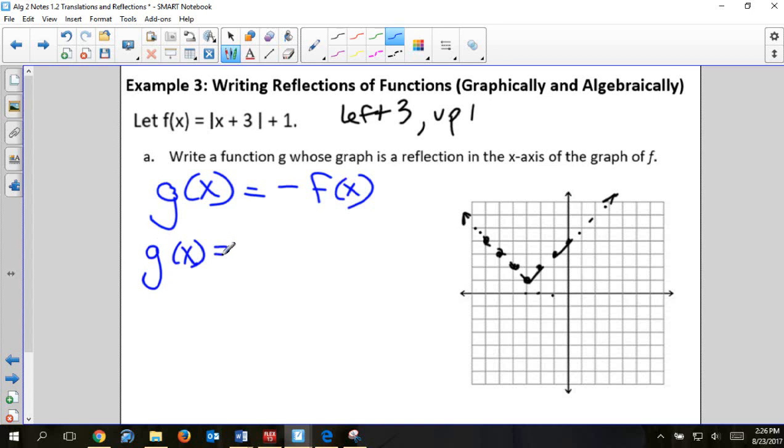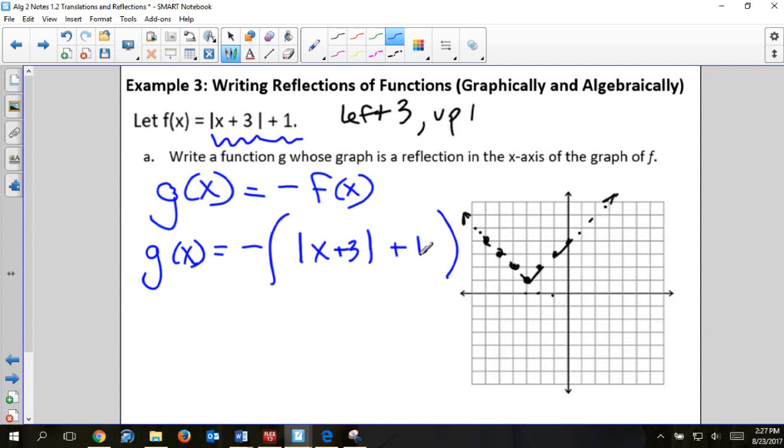Now here's where you really have to be careful. We're going to do negative the whole function, the entire function. What's the entire function? Absolute value x plus 3 plus 1.